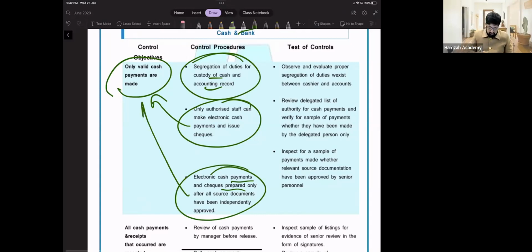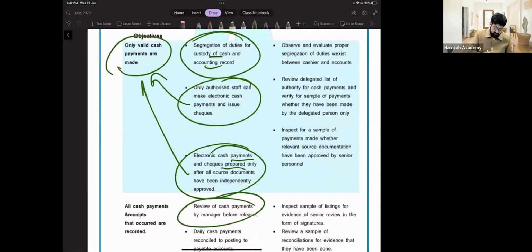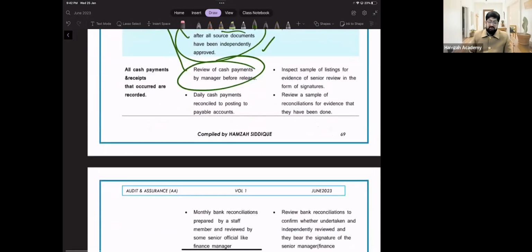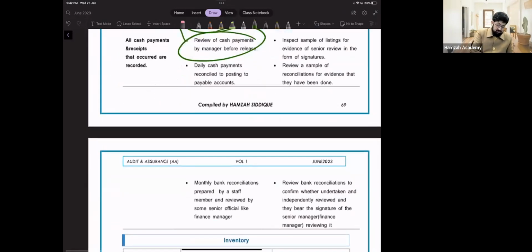And one more, this should come here as well. Again, it is written wrongly. It should be here. Cash payment should be approved by manager. Then it should be released. Approved. All cash payment and receipt and payment, they should be recorded.